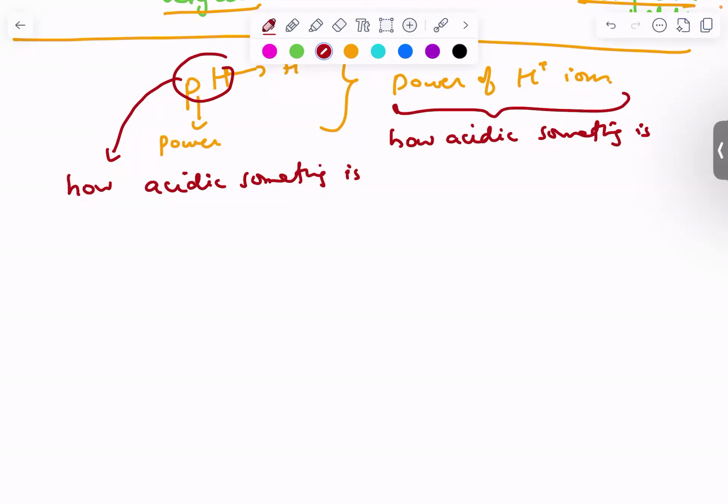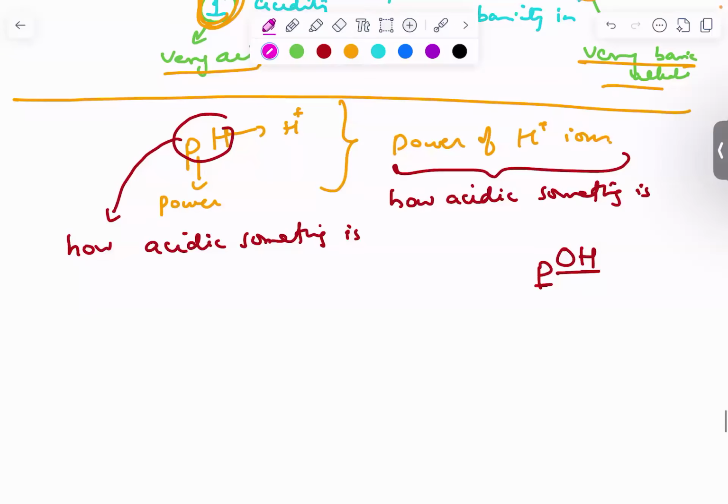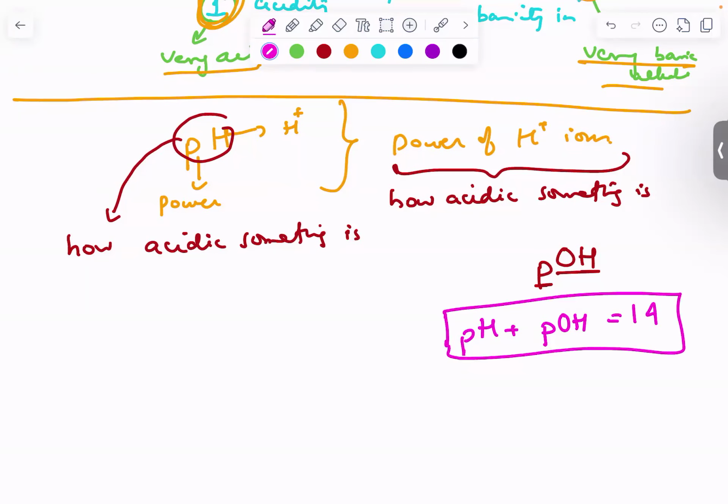If something is acidic, we measure it through the pH scale. What about if something is basic? Then we have pOH, power of hydroxide ion. And there is a formula which is going to help you: pH plus pOH is equal to 14. Why is this so? You can cram this formula, or I'll tell you why.